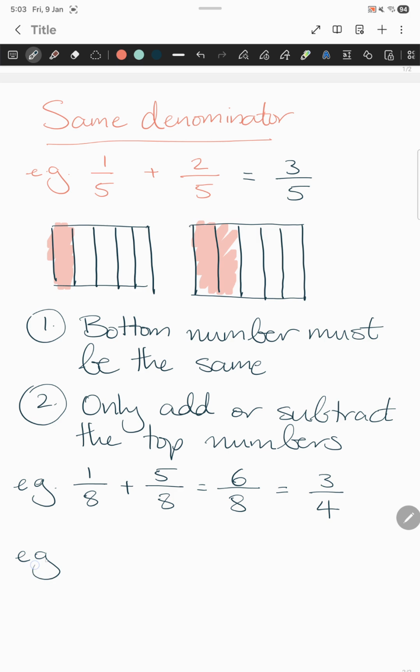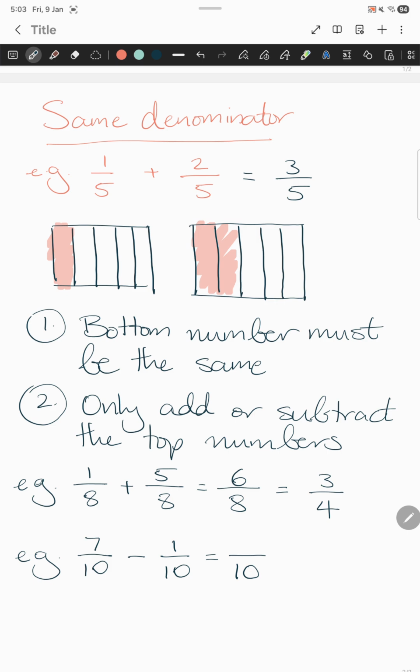Another example we'll do is 7/10 minus 1/10. Again, we look at the denominators. The denominators are 10 and 10, so they are both the same, which means we can add or subtract them. So we just write 10, we keep the denominator the same.